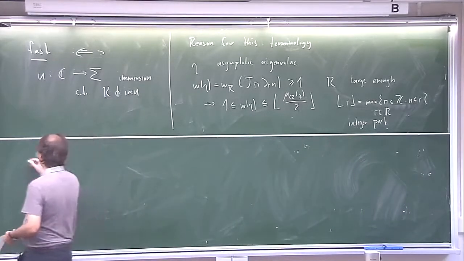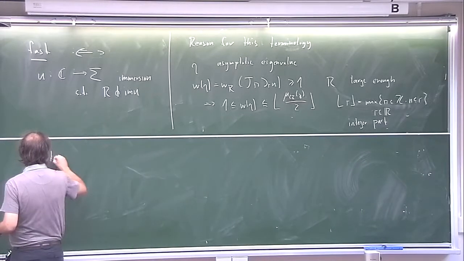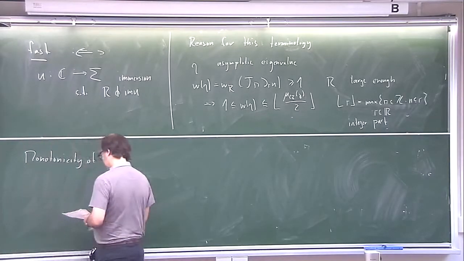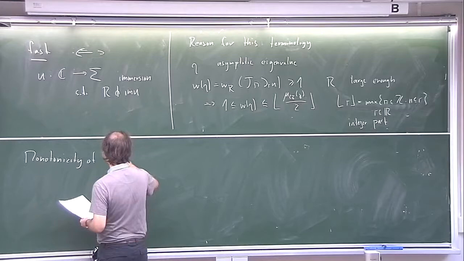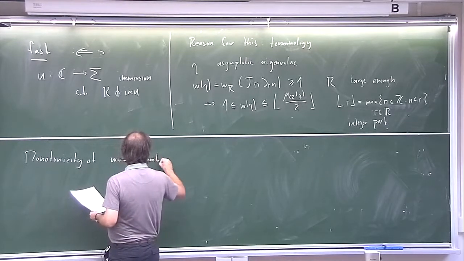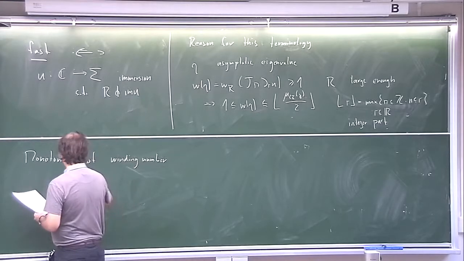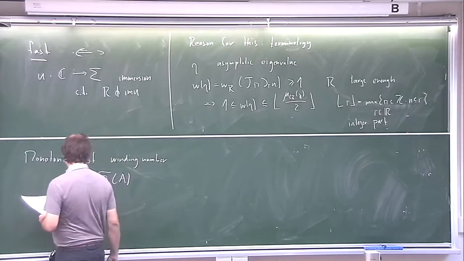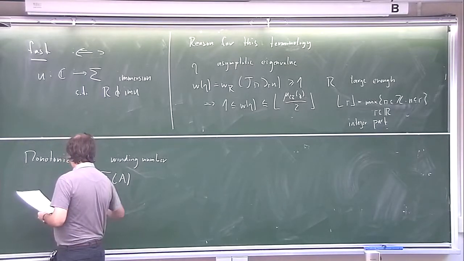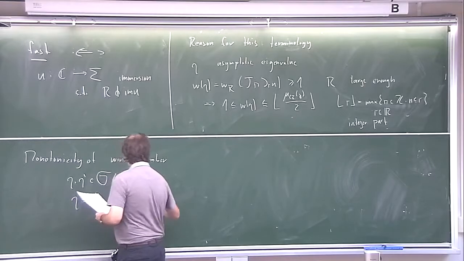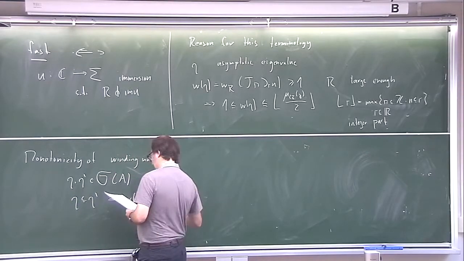And by the monotonicity of the winding number, we know that if eta prime are eigenvalues such that eta is less than or equal to eta prime, then the winding number of eta is less than or equal to the winding number of eta prime.